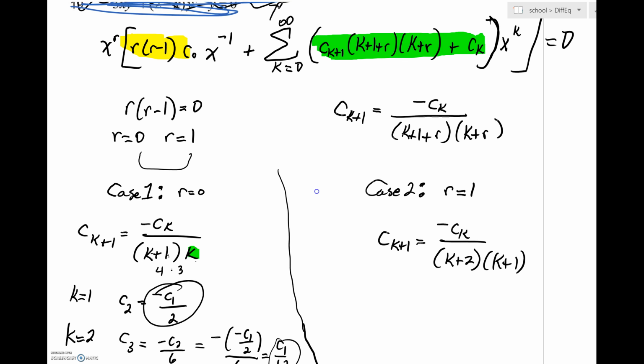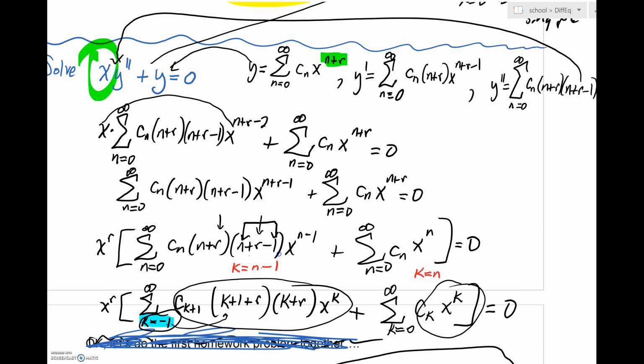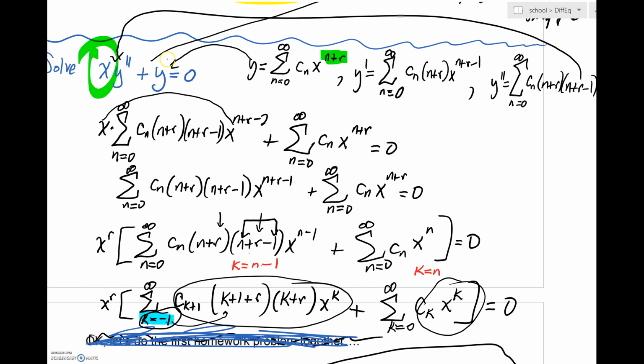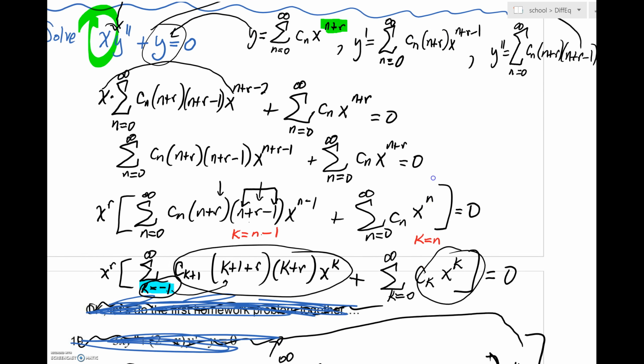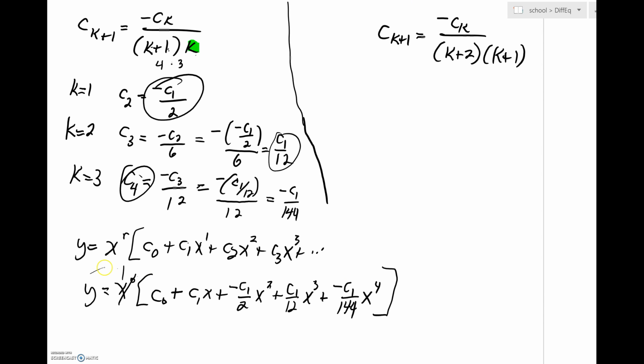We could go back up to the top, the very beginning of this problem. And guys, if you're really thinking about it, you had a c sub 0 plus c sub 1 x and so forth. And would you agree that if you took the second derivative of this thing, you'd no longer have a c sub 0 in the mix? Right? It would be gone after you took the first derivative.